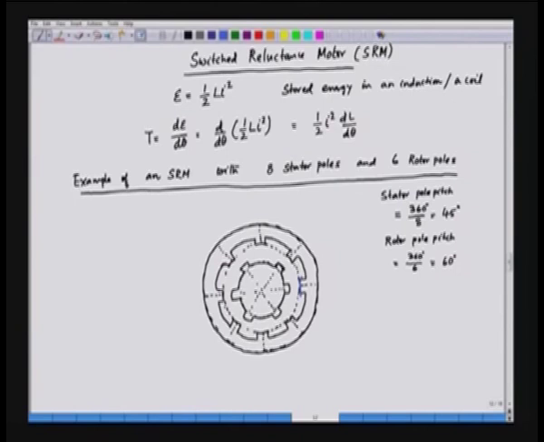So, in the stator we will have winding. We can have the windings here, these are the stator windings. This is also another winding here. The stator poles have concentric windings.